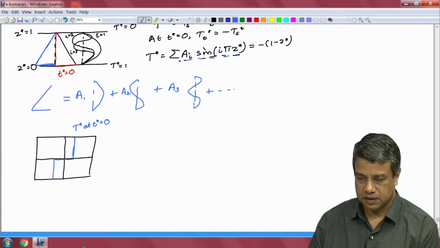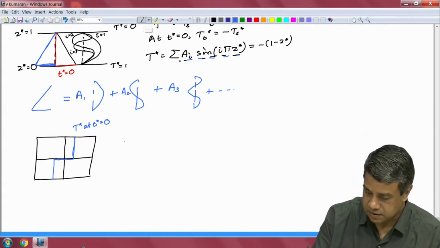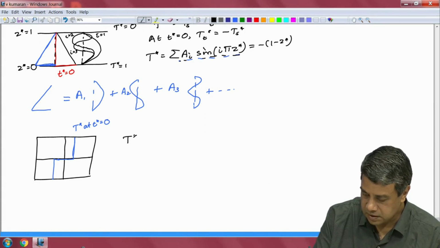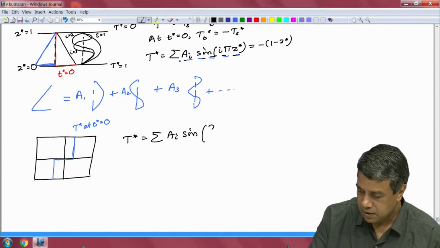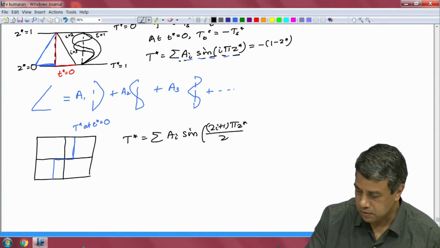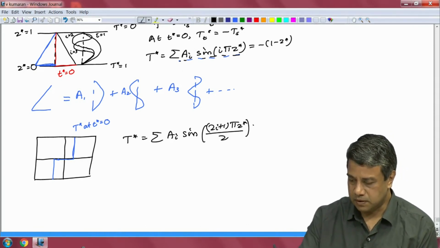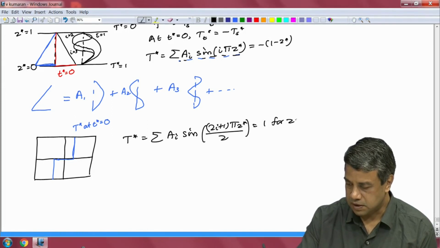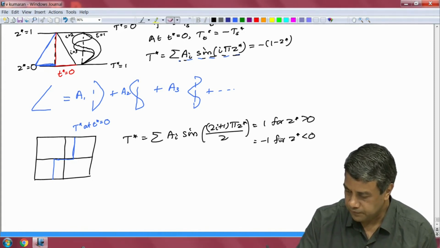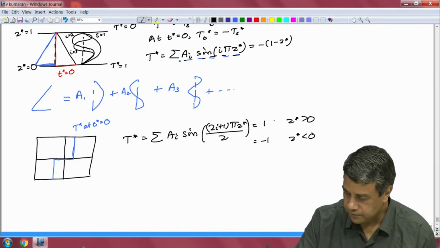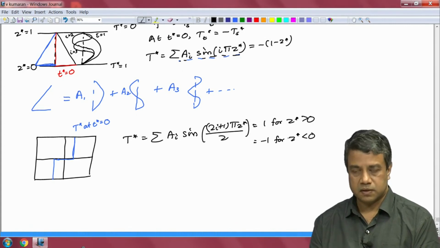And we had expressed this as T star equal to summation of A_I sine of (2i plus 1) pi z by 2. This has to be equal to 1 for z greater than 0 and equal to minus 1 for z less than 0. So, that was the initial condition.